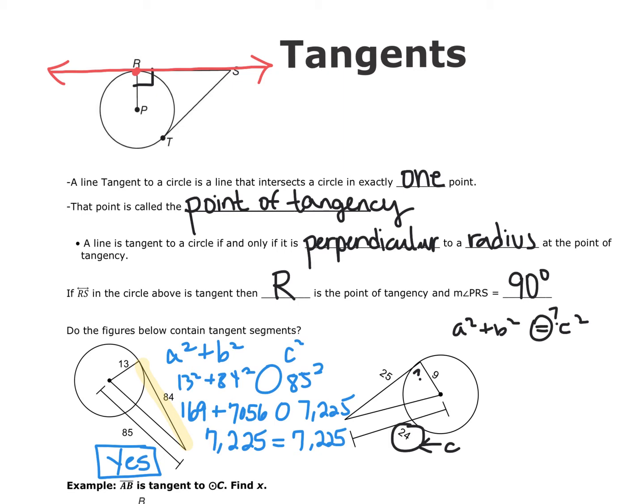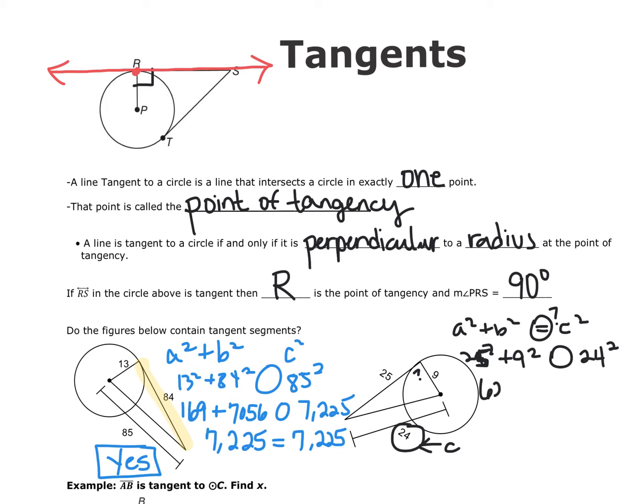We have 24 squared plus 9 squared, and how does that compare to 25 squared? First of all, we can tell right now that the hypotenuse is always the longest side of the triangle, so there's no way that 24 would be the hypotenuse. But we'll go ahead and do the math anyway.